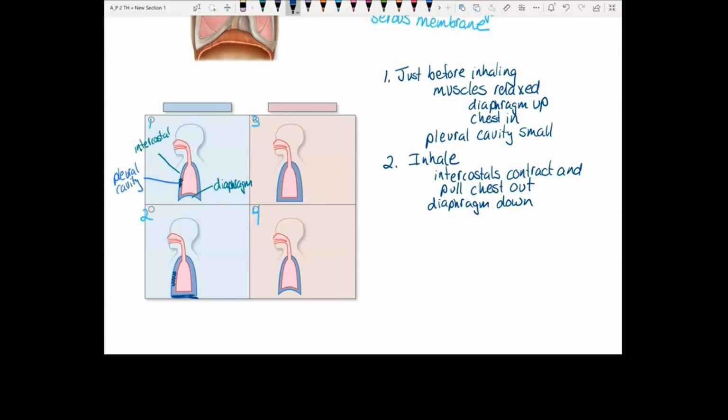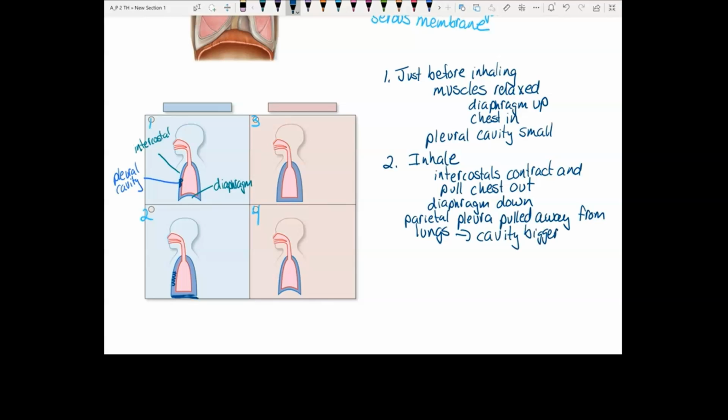So these two muscles contracting and pulling outward pulls the parietal pleura with them. So the parietal pleura is pulled out away from the lungs. This makes the cavity bigger.